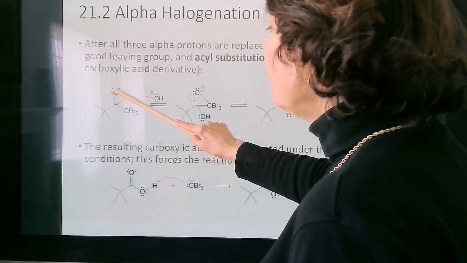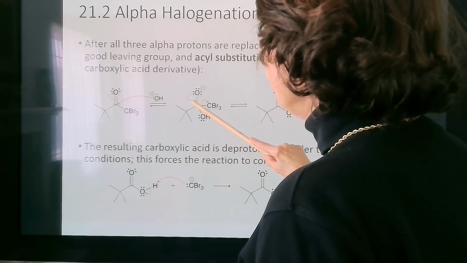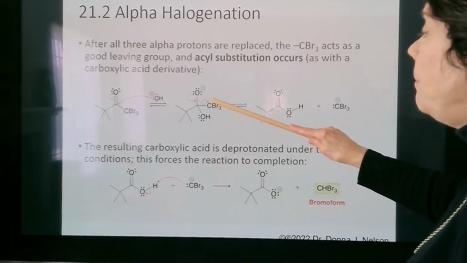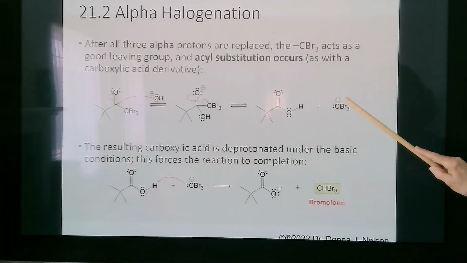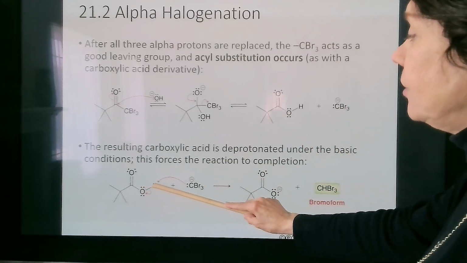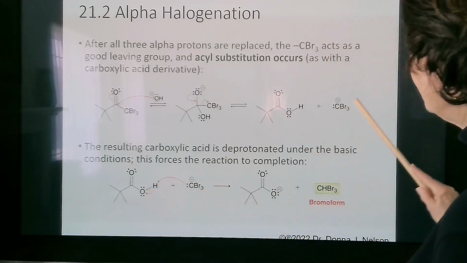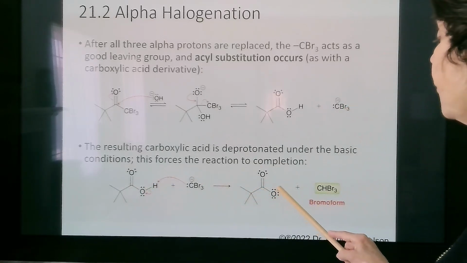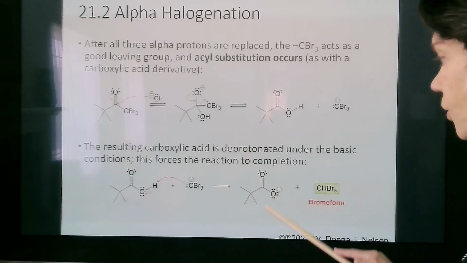So it does a nucleophilic attack, then the pi bond is reformed, and CBr3 departs. Now this is a good leaving group because this easily bears a negative charge. It's a carbon bearing 3 electron withdrawing substituents. And then you know that carboxylic acids are acidic, and so the CBr3 deprotonates the carboxylic acid.